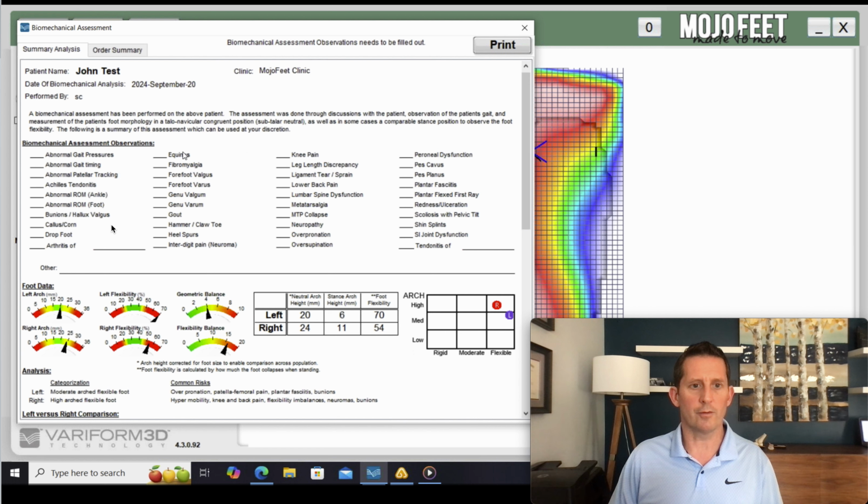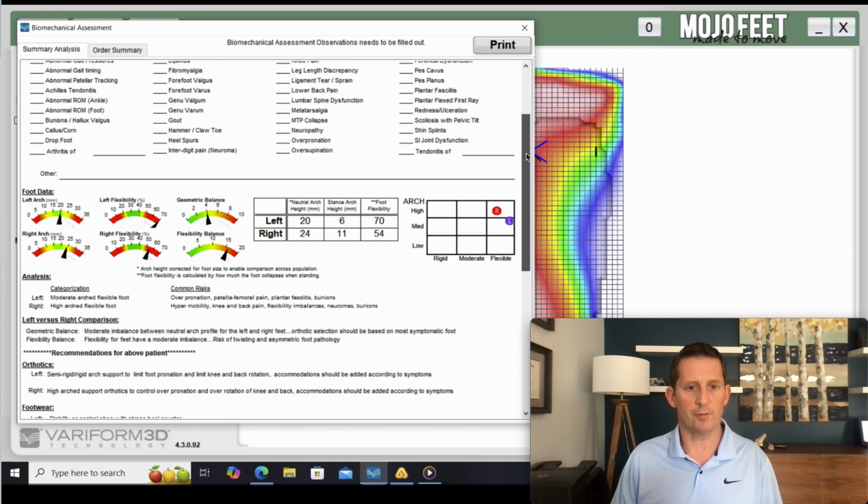You also have other diagnoses that you may decide to let the patient know that they have or note for yourself in their chart. You can print, which again can be done to a PDF for their file digitally or to a piece of paper for their paper chart.